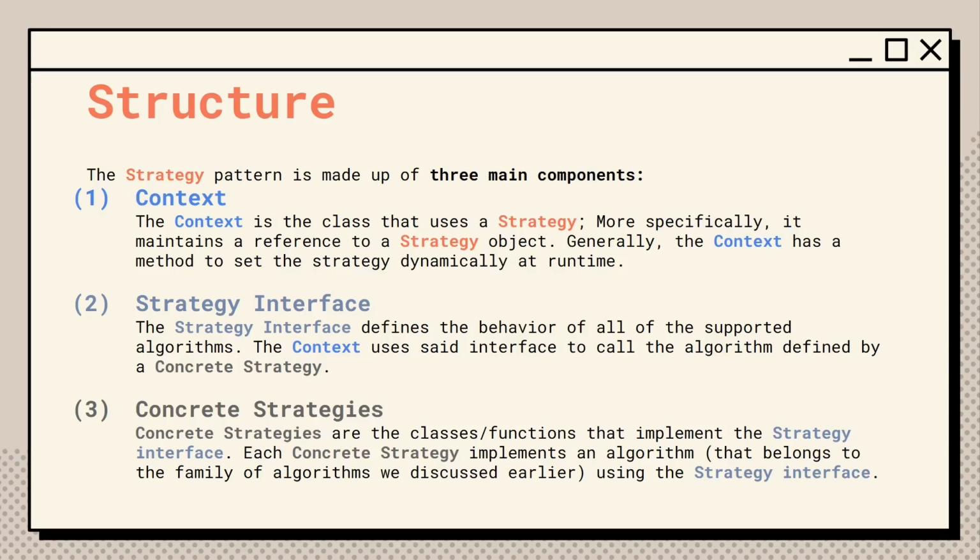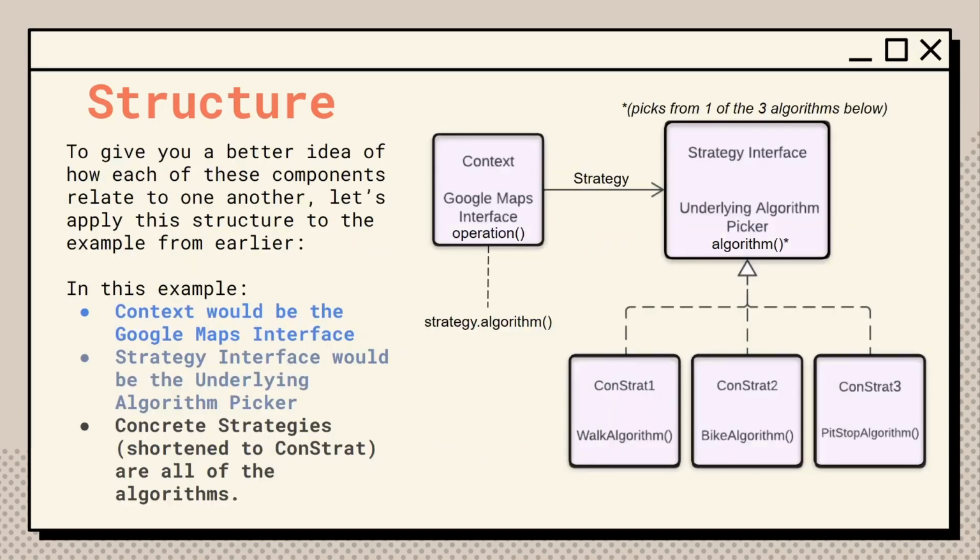The strategy interface defines the behavior of all the supported algorithms that we talked about prior. The context uses said interface to call the algorithm defined by a concrete strategy, which are the classes and functions that implement the strategy interface. So each concrete strategy implements an algorithm, and those belong to the family. So that's a little confusing.